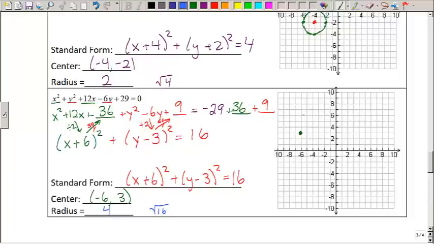From my radius I can go up 4, right 4, down 4, and left 4. Using these points, make sure you're drawing a circular shape, and you have completed your square, found the standard form, the radius, the center, and sketched your graph.